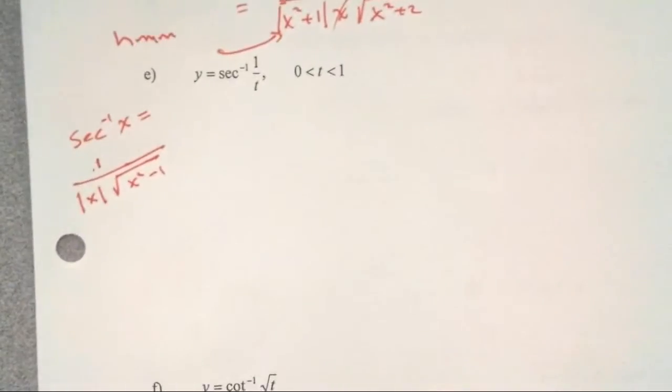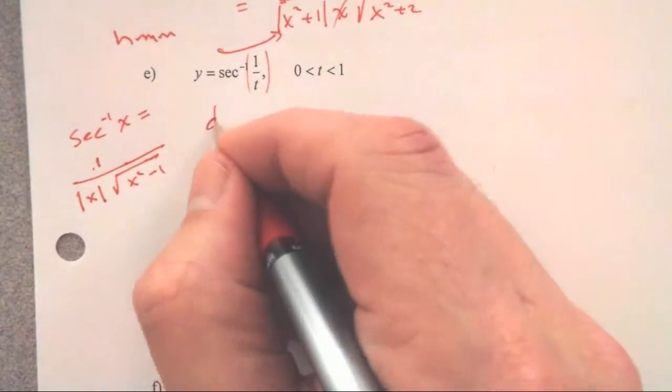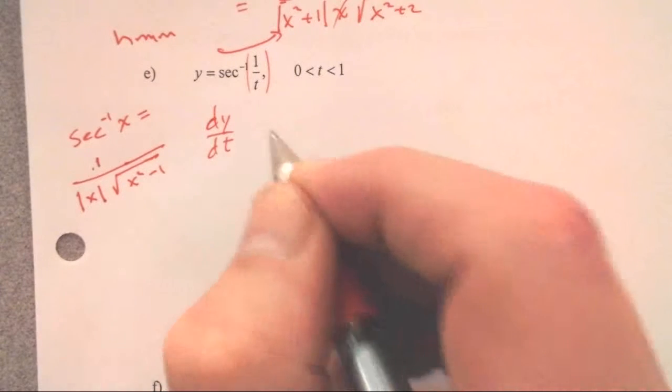All right, so secant inverse of this function, dy dt.